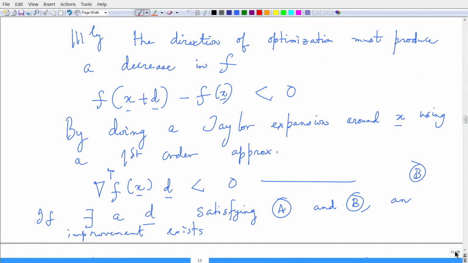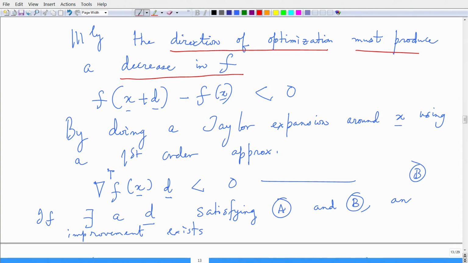Similarly, the direction of optimization must produce a decrease in the function f. That is, f of x plus d minus f of x must be less than 0.